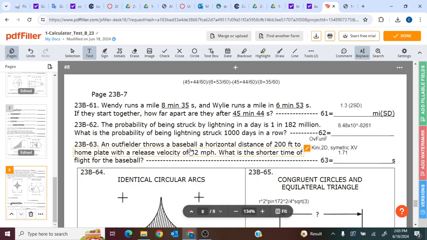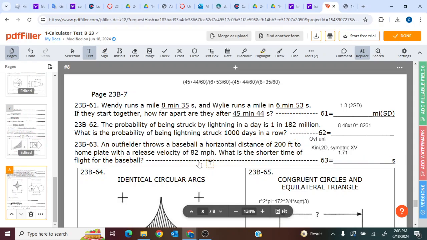63, an outfielder throws the ball a horizontal distance of 200 feet to home plate with a release velocity. What was the shortest time of flight for the baseball? The problem implies that the change in y is 0. So what you need to do is go to our kinematics program. Fortunately, we do have a program for this. It's called symmetric XV.